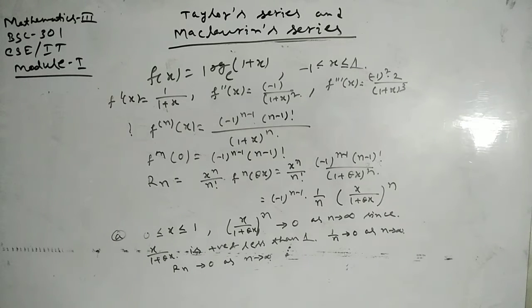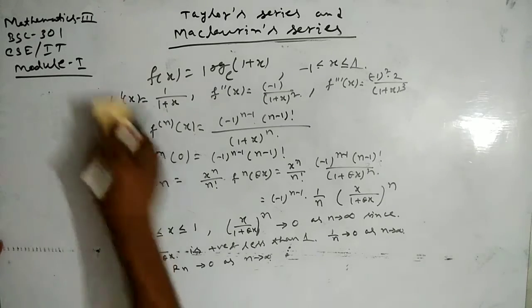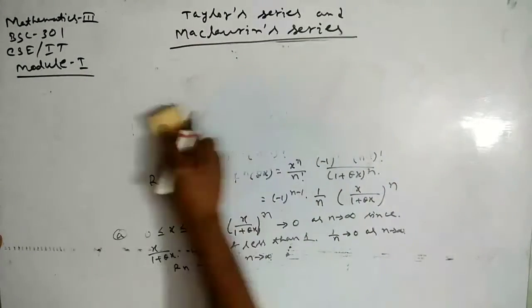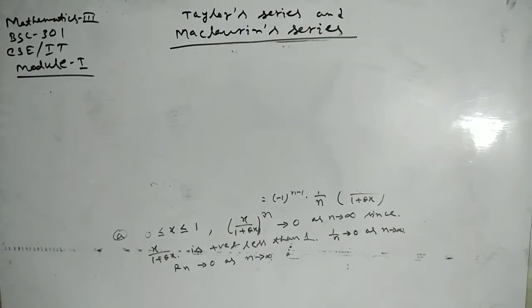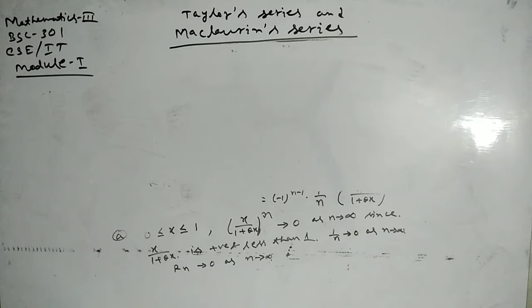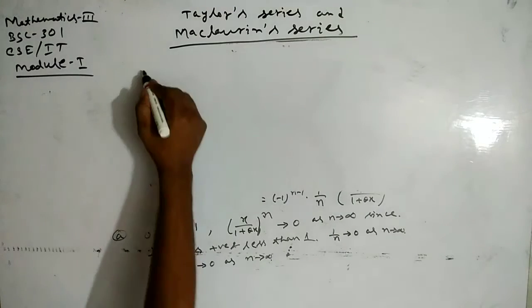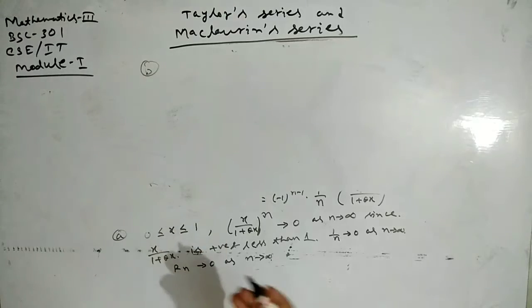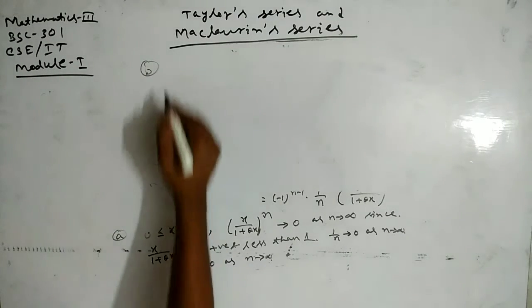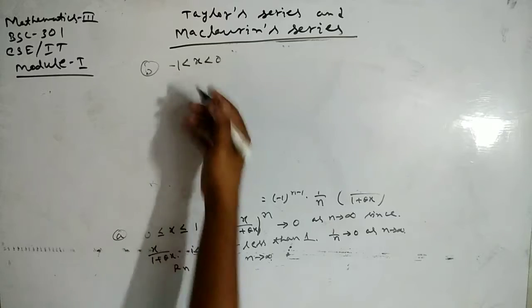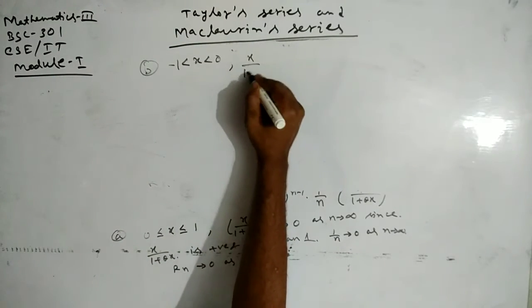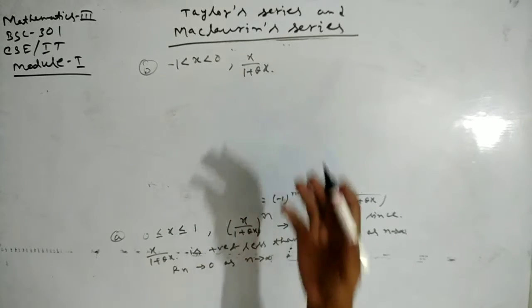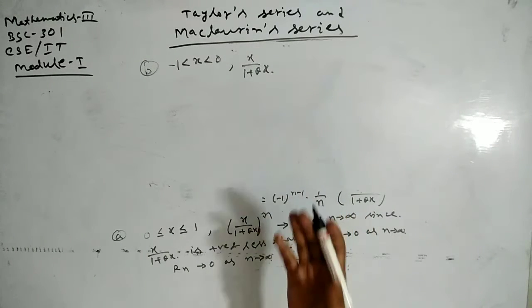Now another conclusion I can draw, depending upon the values of x: when minus 1 is less than x less than 0, when x lies between minus 1 and 0, then x by 1 plus theta x may not be numerically less than 1.